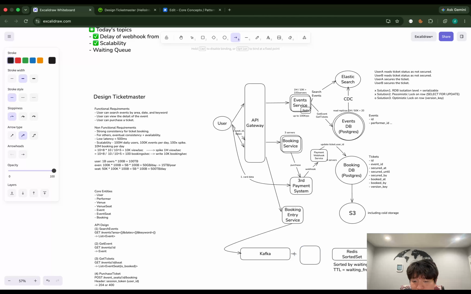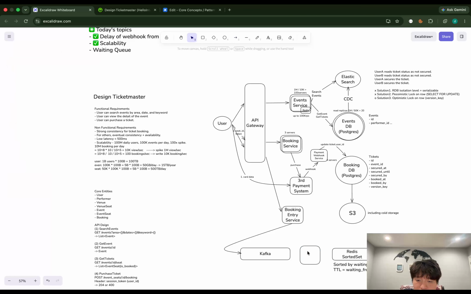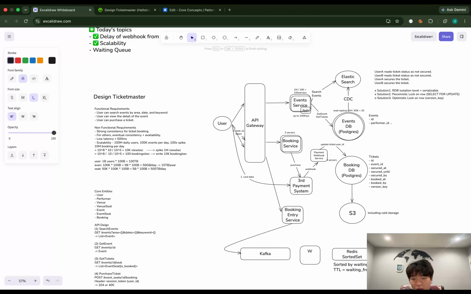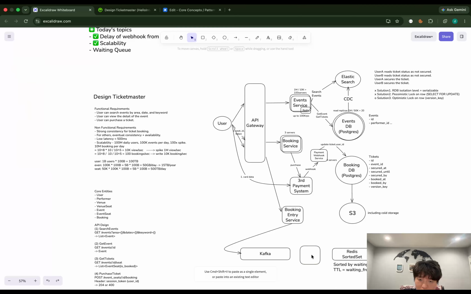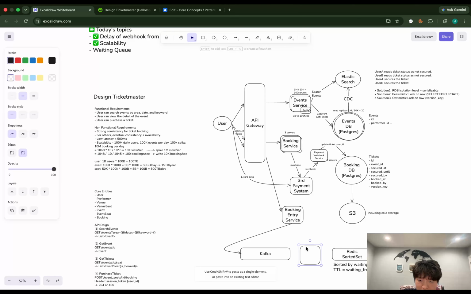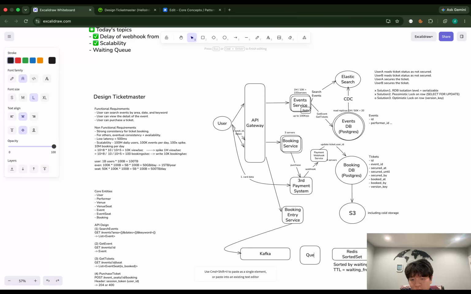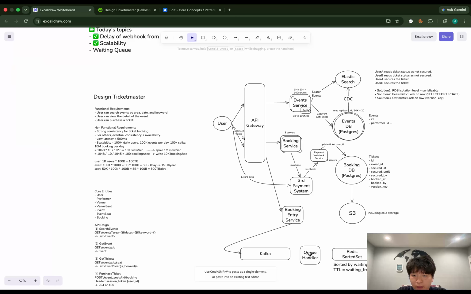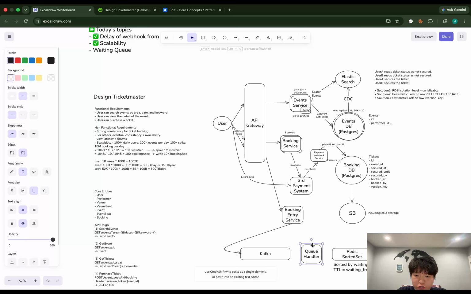So I use the queue handler here. This is a kind of cron job, right, which is run every 1 minute.